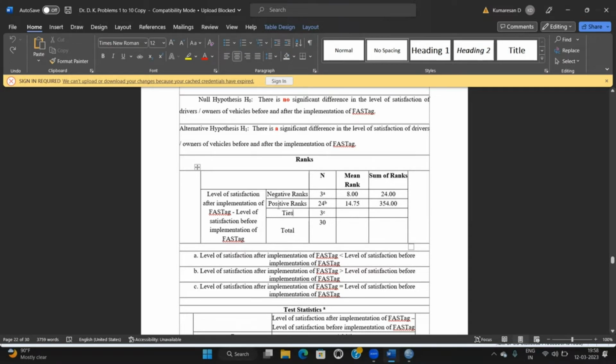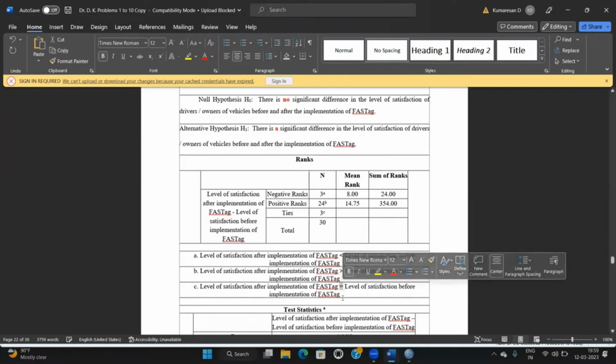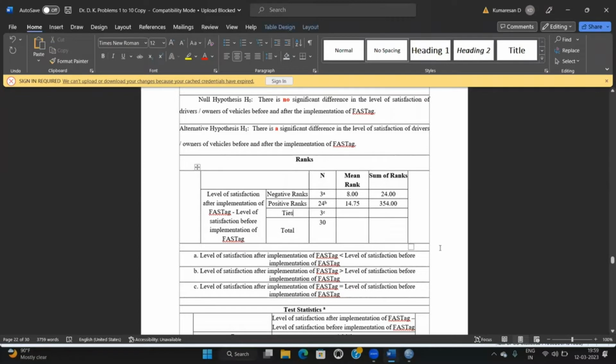What is positive? The level of satisfaction after implementation of FASTag is greater than the level of satisfaction before implementation. Then what is the third one? Tied ranks, if the level of satisfaction after implementation is equal to the level before implementation.